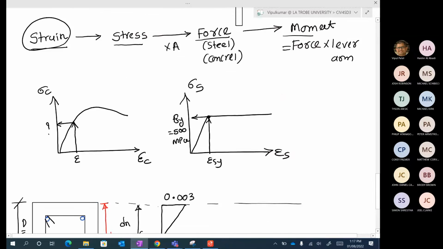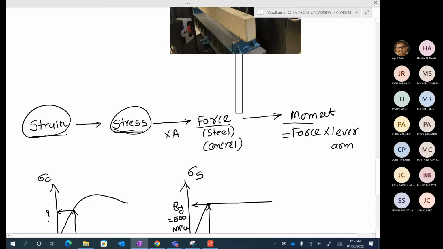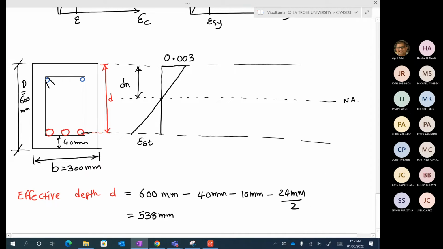After strain, as I mentioned, we're going to get the stress. Now, how are we going to get the stress? Let me draw the line first, and from that stress we will have this rectangular stress block. That is the stress in the concrete. Someone might say, why didn't you draw up to the neutral axis? I agree with you.